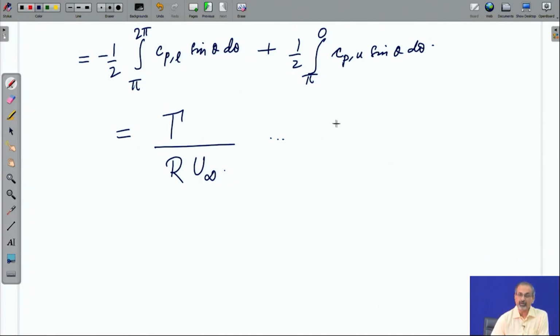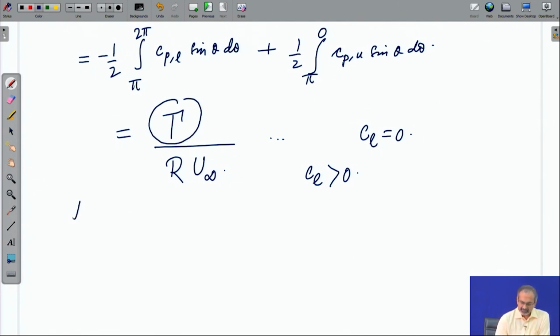Now, remember that for a cylinder without any point vortex, the Cl was 0, it was a non-lifting case, but here Cl is greater than 0, which is by virtue of the point vortex, which has the associated circulation gamma.